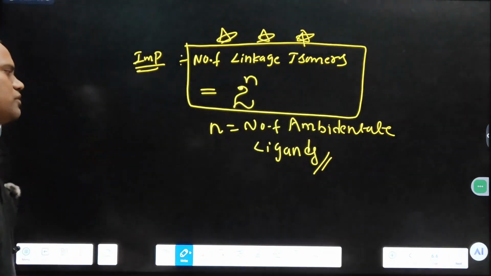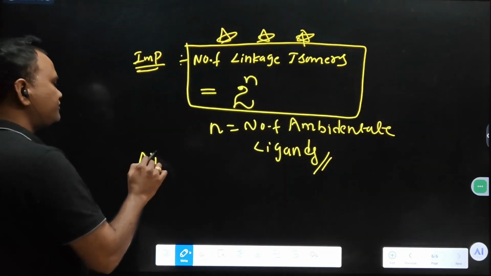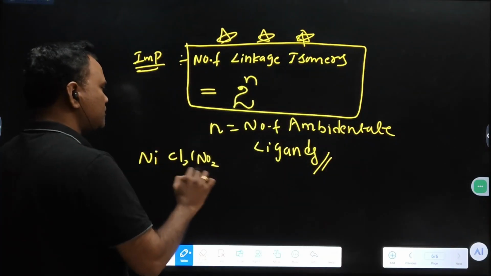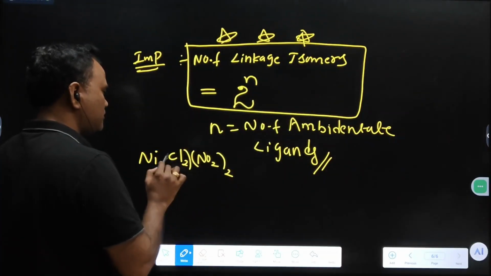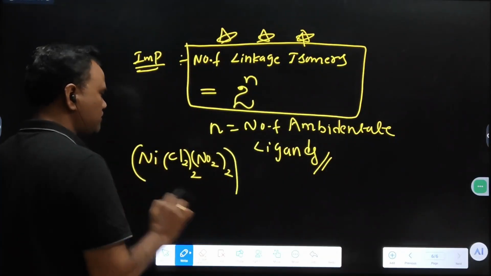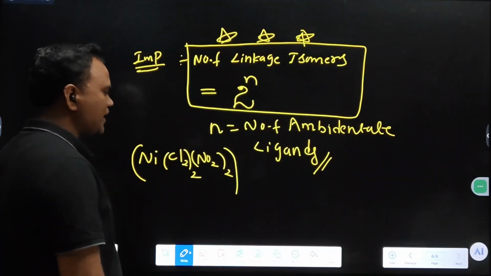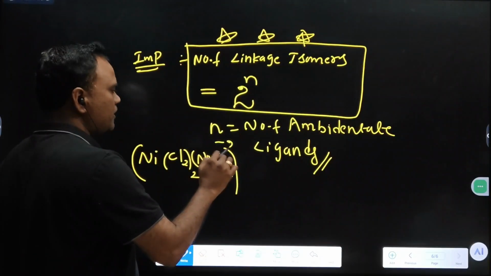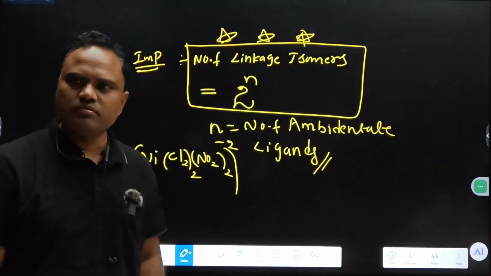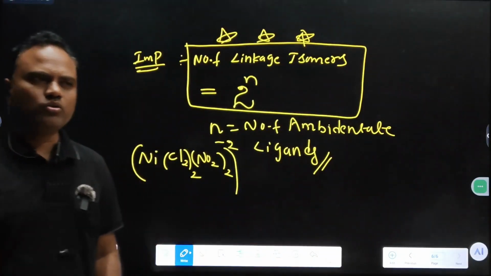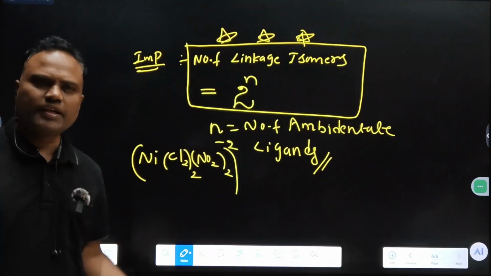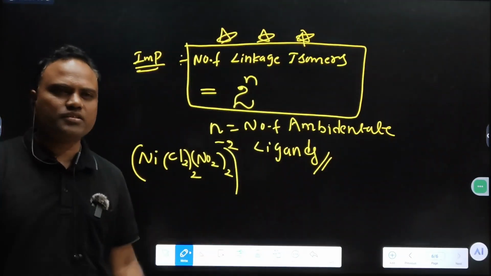Okay, everyone look at this once. Bhakti, tell me, how many ambidentate ligands are present here? NO2 is taken twice.